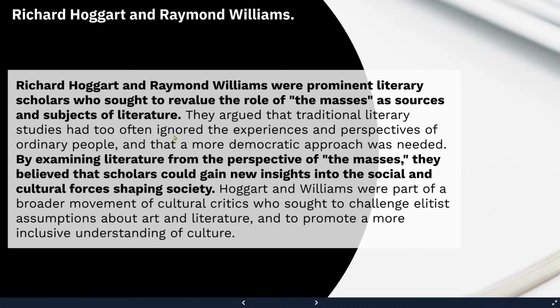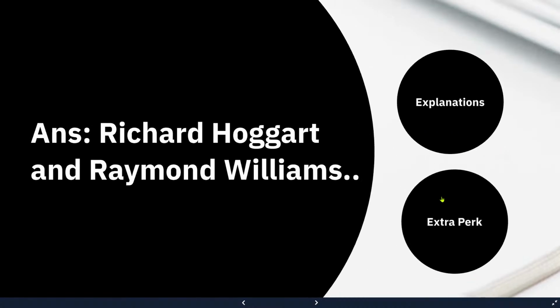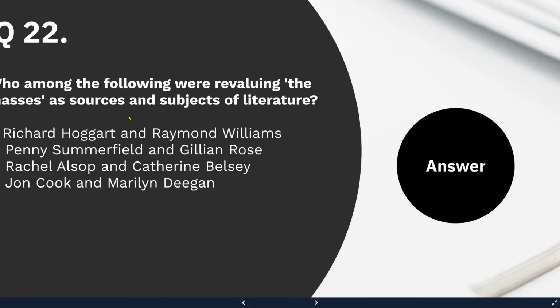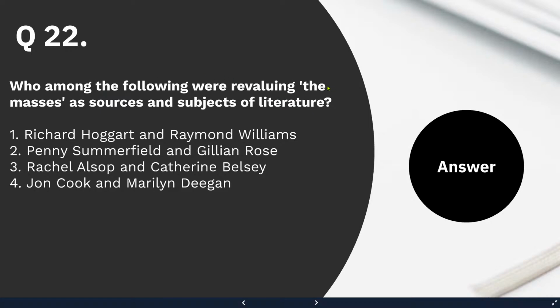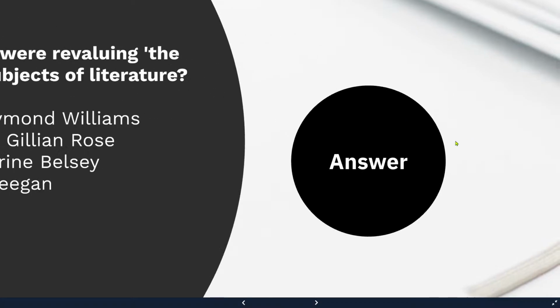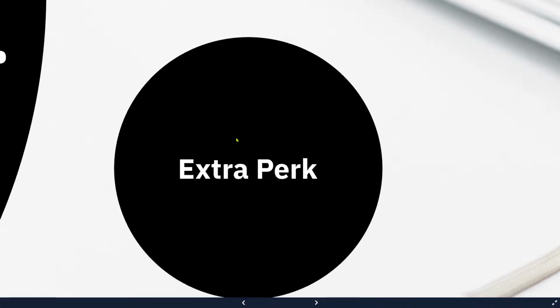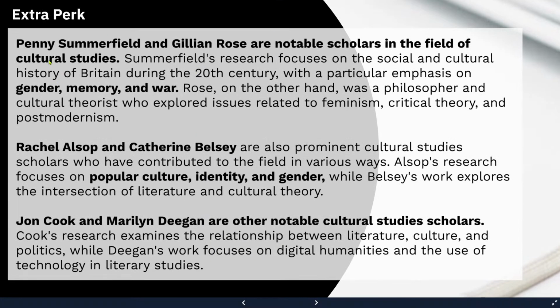society. And we have an extra perk for it. The question was, who among the following is revaluing the masses as sources and subject of literature? The answer was Richard Hoggart and Raymond Williams. And we have an extra perk on why the other options are there. Penny Summerfield, both are scholars in cultural studies, and they talk about gender, memory and war.